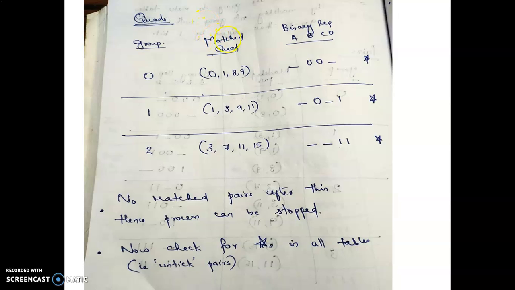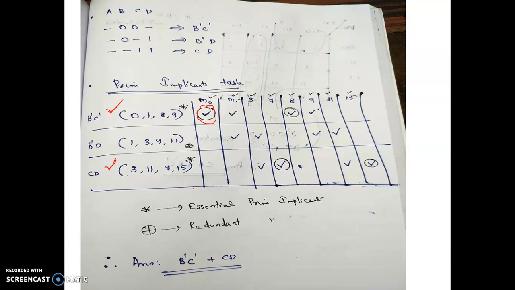How do you represent this quad if it is in POS, if it was in pi? This is actually the SOP representation. If the question was for POS, I'm going to write the POS representation here. How will you represent this 0, 0?